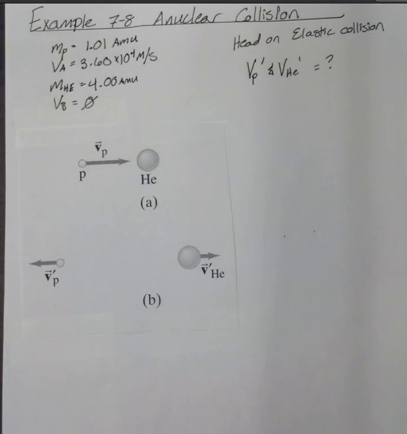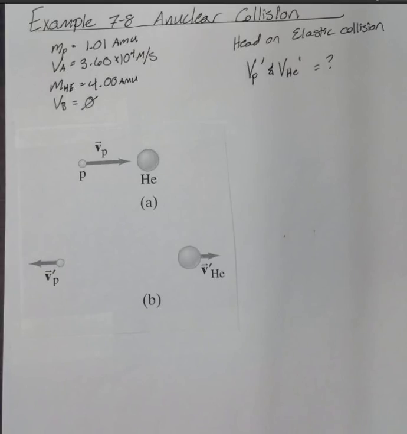And it has an elastic head-on collision, as nuclear particles do, with helium. Helium is going to have an exact atomic mass of 4.00 atomic mass units, because it is 4 times larger than the proton, and its initial velocity is 0 because it's at rest.